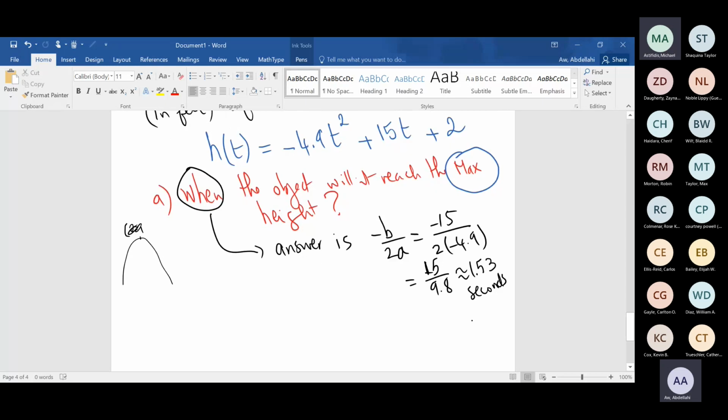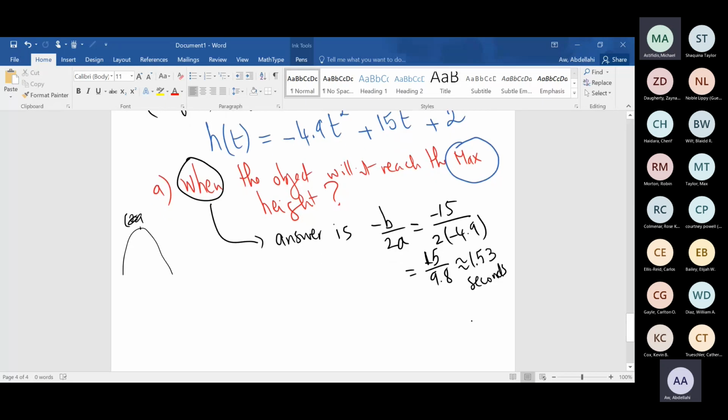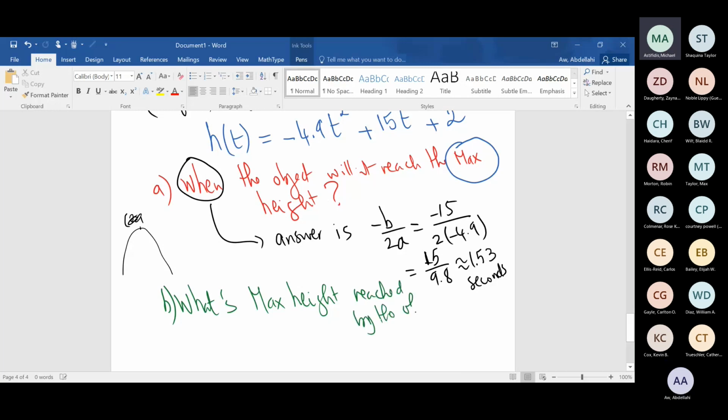Now the question B says, what is the maximum height reached by the object? Now my answer will be the k of the vertex.